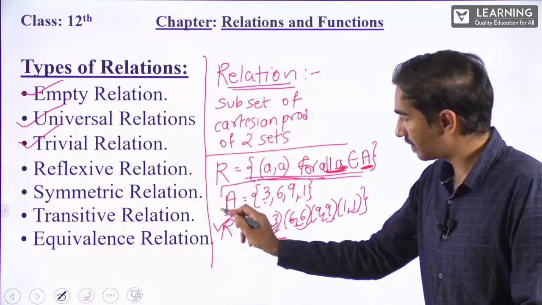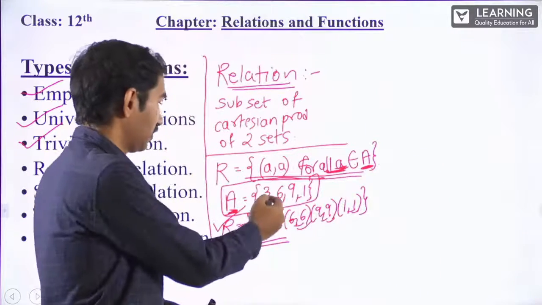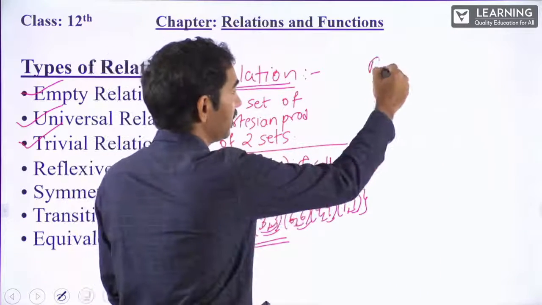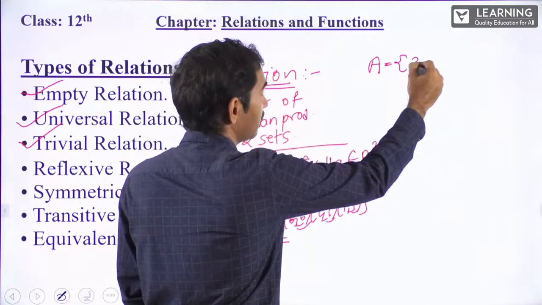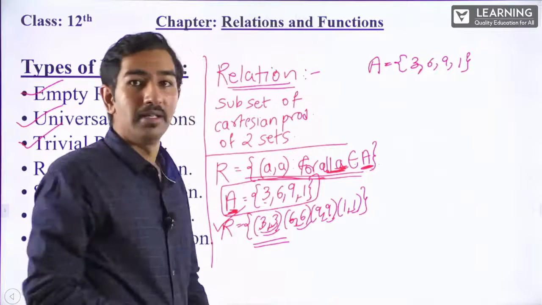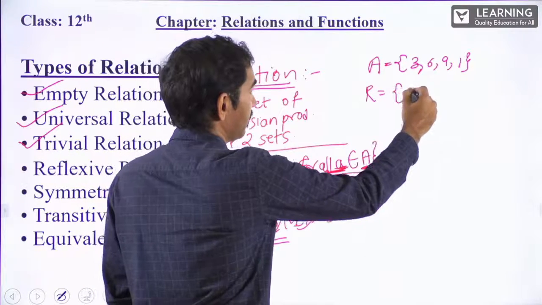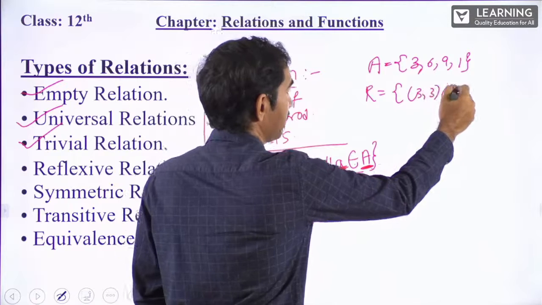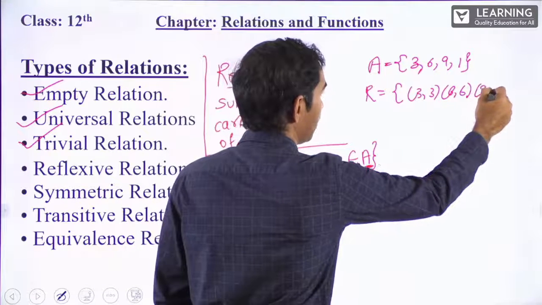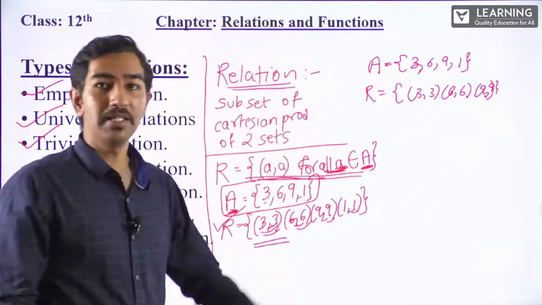Considering the same example, we'll take another relation. A equals {3, 6, 9, 1}. Now the relation is defined like this: R equals {(3, 3), (6, 6), (9, 9)}. Is this a reflexive relation?